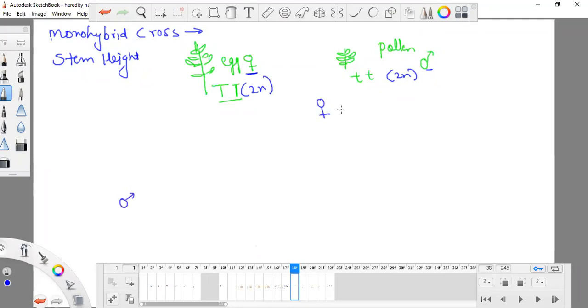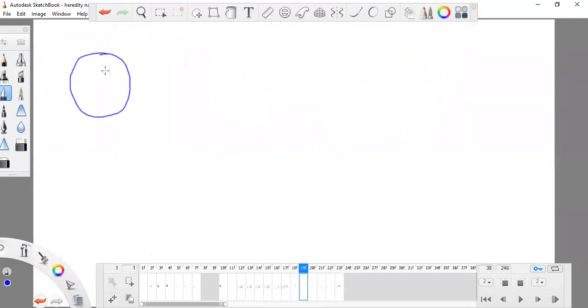So the mother has TT. In gamete formation, in meiosis, I told you that meiosis is a particular type of cell division in which only gametes are produced, and in gamete production the number gets halved. So this is the cell and this is its TT, and it has to halve the number.